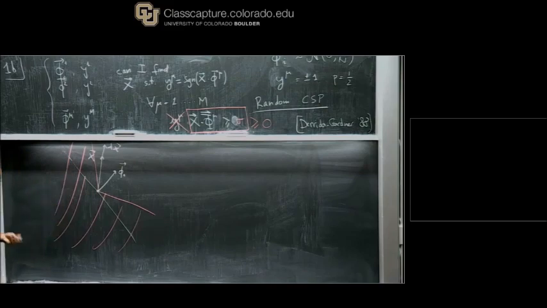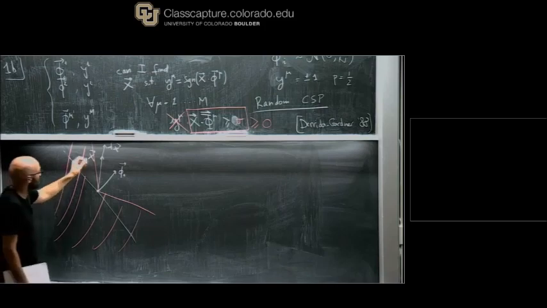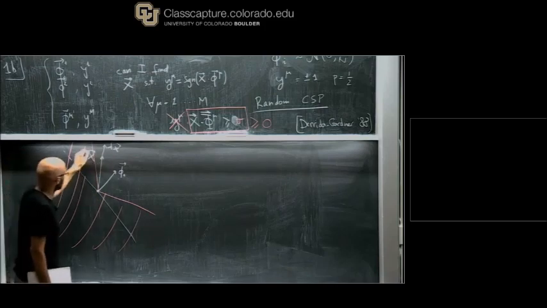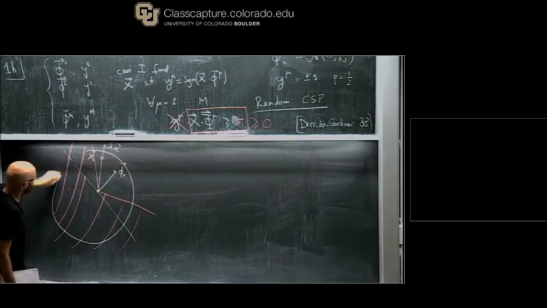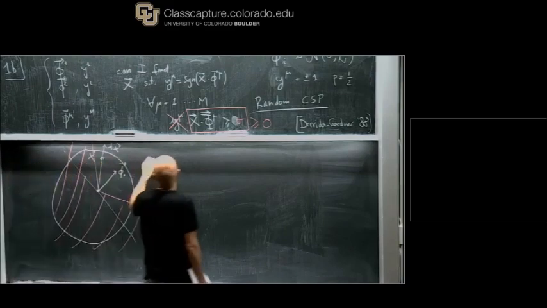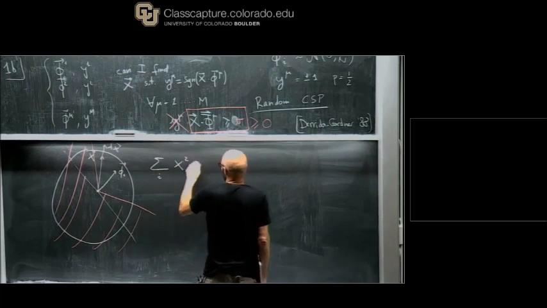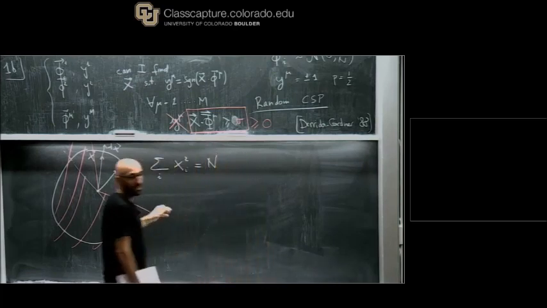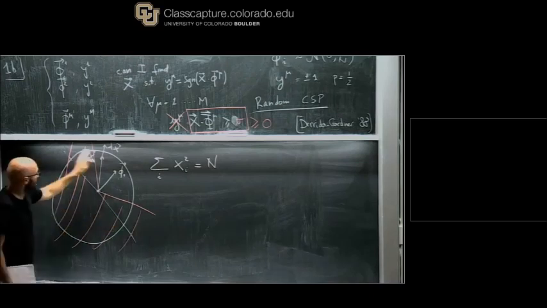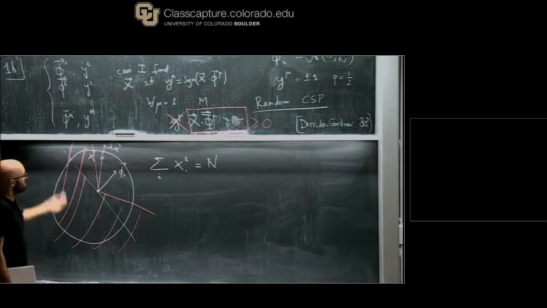Since I'm going to try to compute the volume of the space of solutions, I will just fix a normalization for x. So I will decide that x is going to belong to a sphere. So I will add the constraint that the sum over i of x_i squared should be equal to n. I will just normalize them. In any case, if one is a solution, all the others are solutions. So I just fix one, and I take this one.